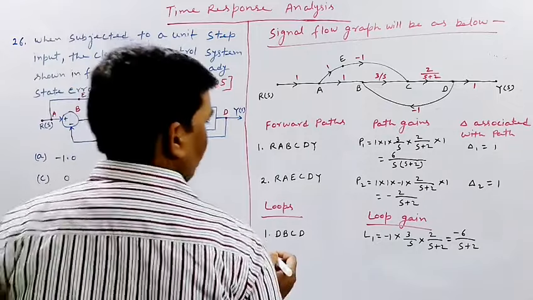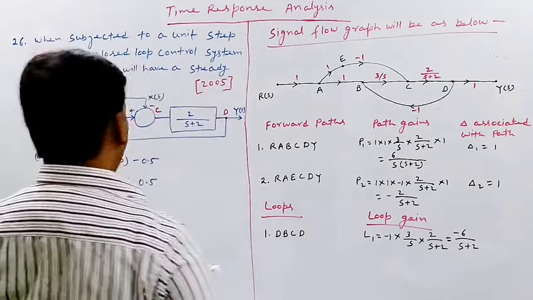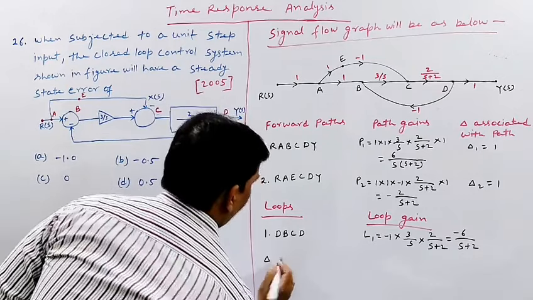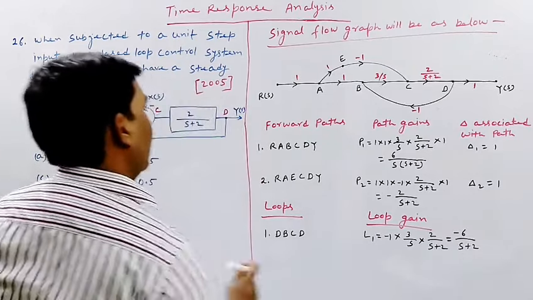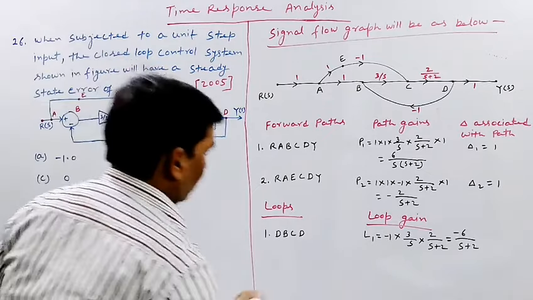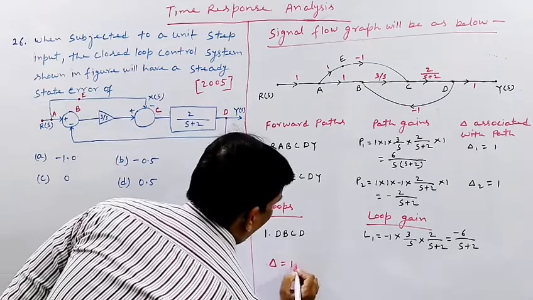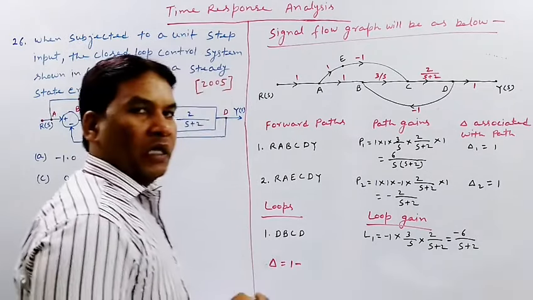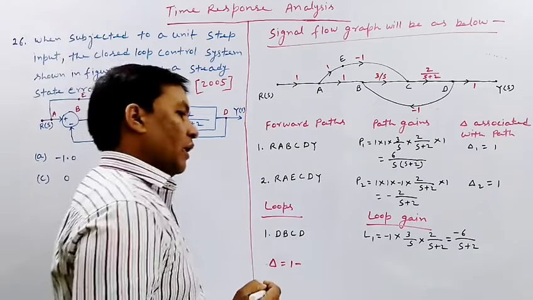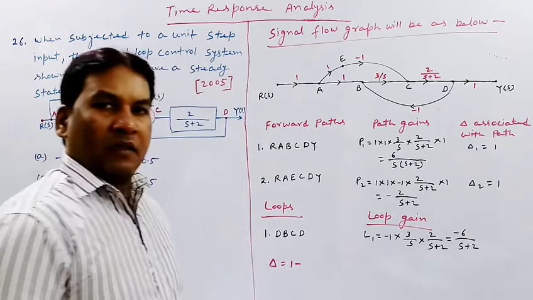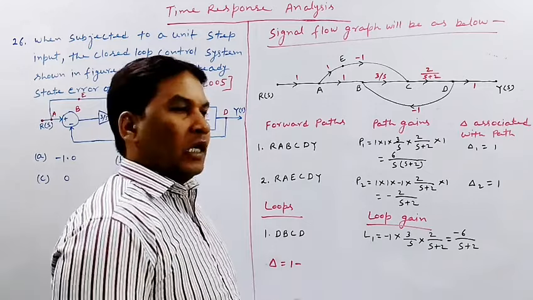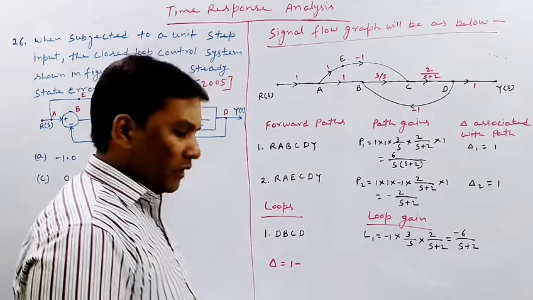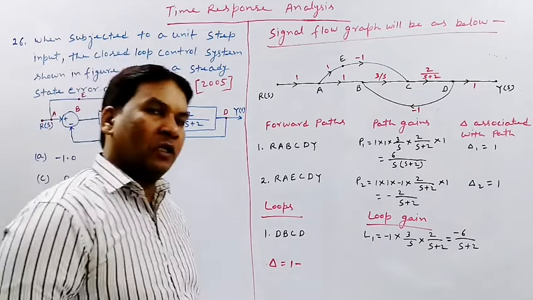Now what is delta? Let us write in red so that it could be clear. Delta is 1 minus sum of gain product of individual loops plus sum of gain product of two non-touching loops minus sum of gain product of 3 non-touching loops, like that.